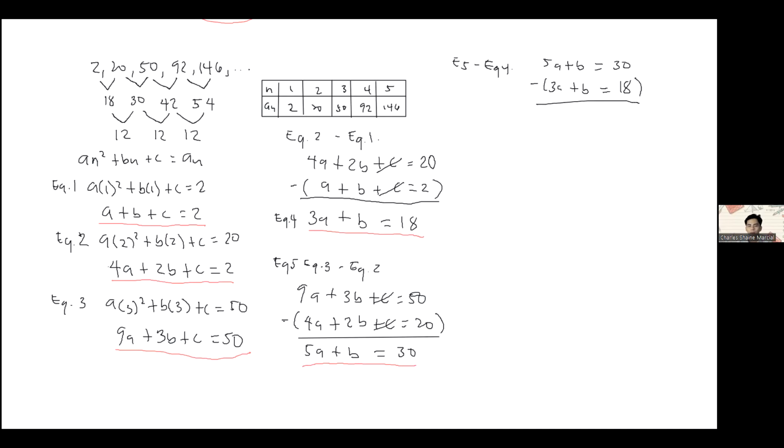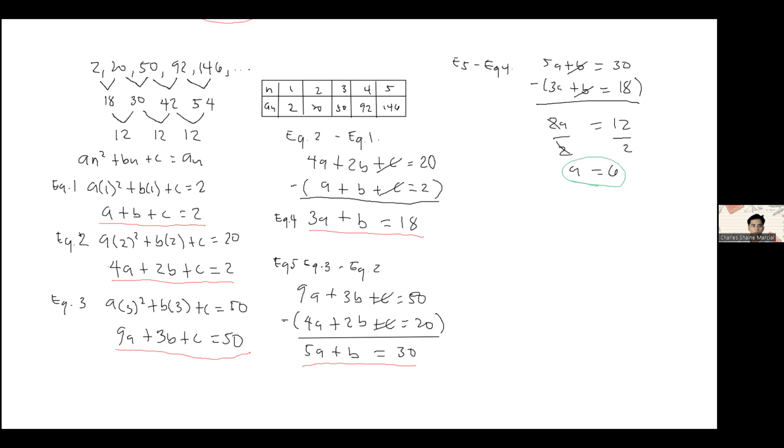Okay, 5a minus 3a is 2a. Then cancel si b is equal to 30 minus 18 is 12. Now, para matira si a, divide natin both sides by 2. Then natira na si a, 12 divided by 2 is equal to 6. So ito na yung value ng a natin. We have 6.